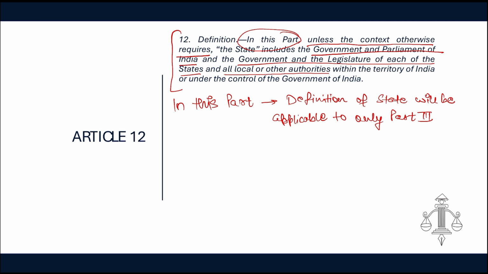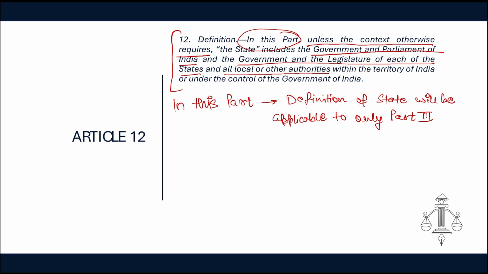If particularly it has been mentioned in a constitutional provision that the definition of state of Article 12 is applicable in this part or in this provision, or the context of that article is such that it appears that the definition of state in Article 12 should be applicable to that provision, then in that case Article 12 will be applicable to that provision as well, right?